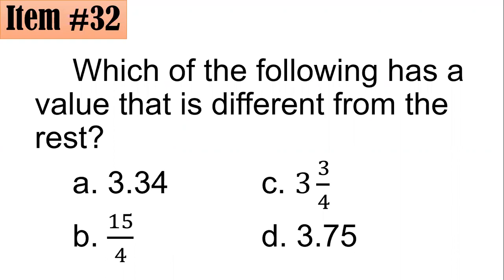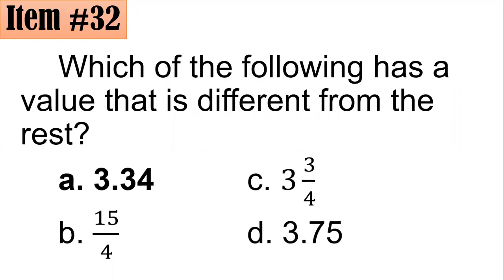So in doing problems or in having items like this, the best option could be converting all of the choices into one form. Either you convert everything to decimal, or to percent as well, or fraction, and check which one has a different value from the rest. And I believe if you will use your calculator, 3 3/4 is equal to 15/4, by the way.